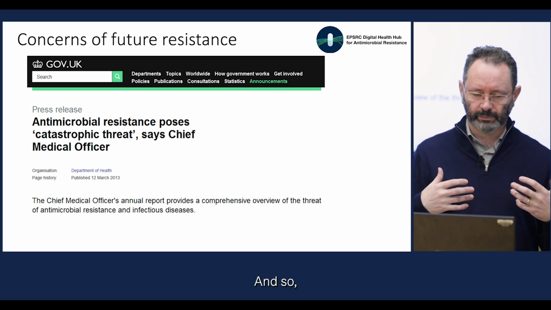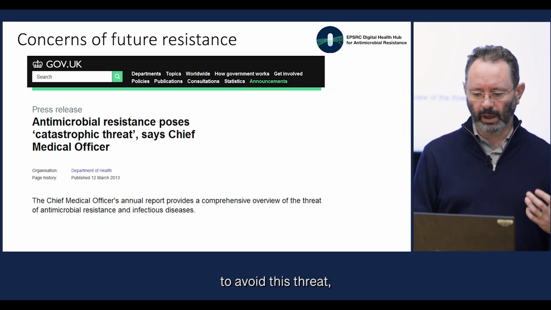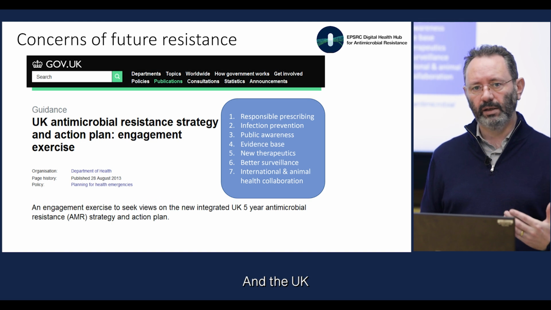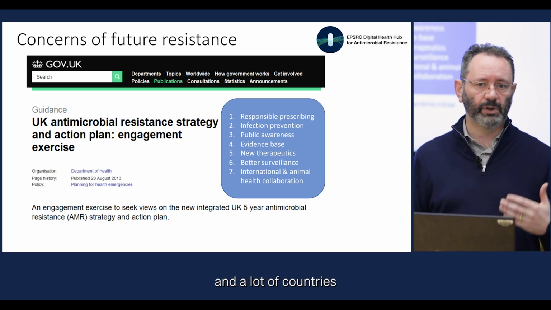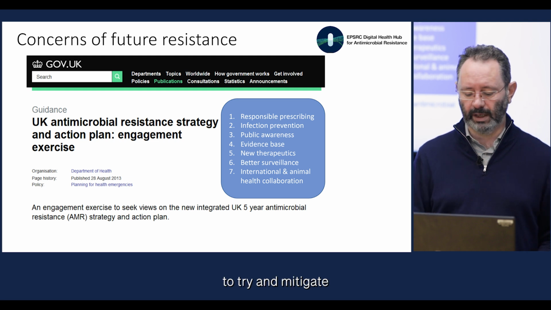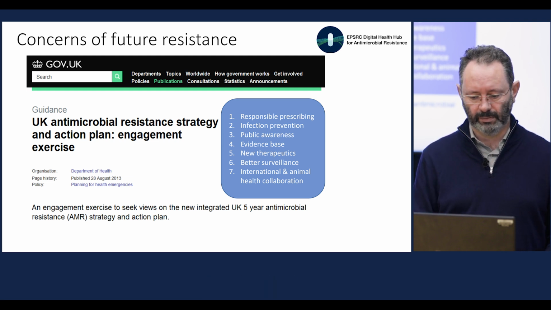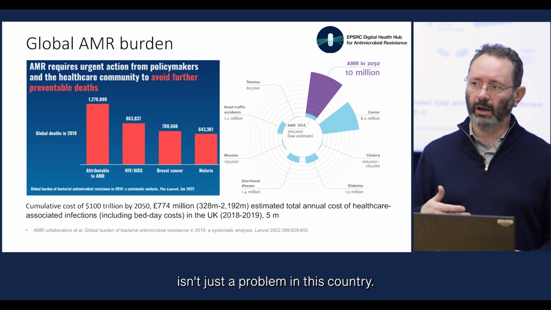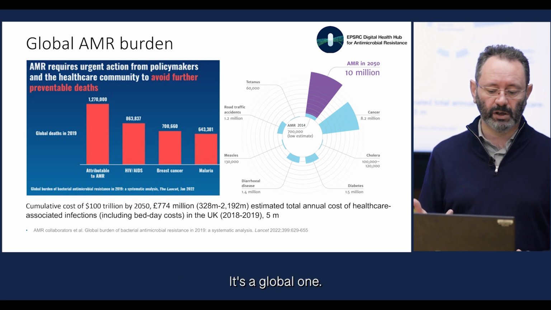And so to avoid this threat, action needs to be taken. The UK and a lot of countries throughout the world have generated strategies to try and mitigate antimicrobial resistance. Because AMR isn't just a problem in this country, it's a global one.